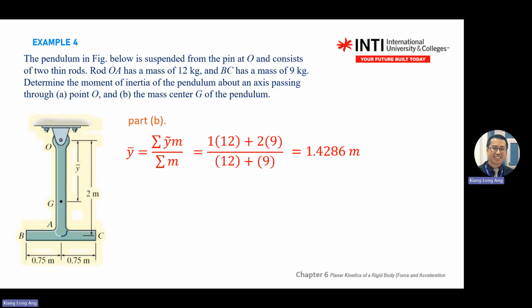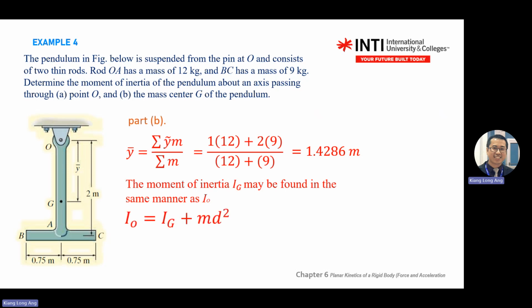Clear? Okay, good. So the moment of inertia Ig may be defined in the same manner as IO. So IO equals Ig plus MD square. You know that your IO just now is 57.7. You want to find your Ig for this first object.